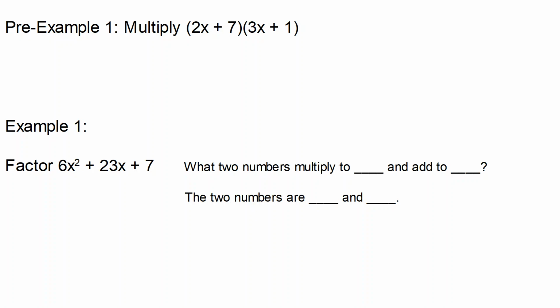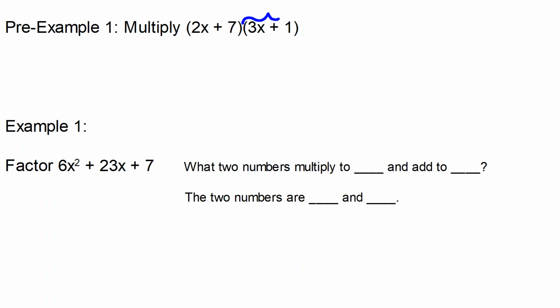So example 1, I'm actually going to start with a pre-example, which is really just a multiplication question, factoring in reverse. We have these two factors, and we're going to multiply them out. I am going to include an extra step that we didn't really show before, but I'm going to do that for a purpose.